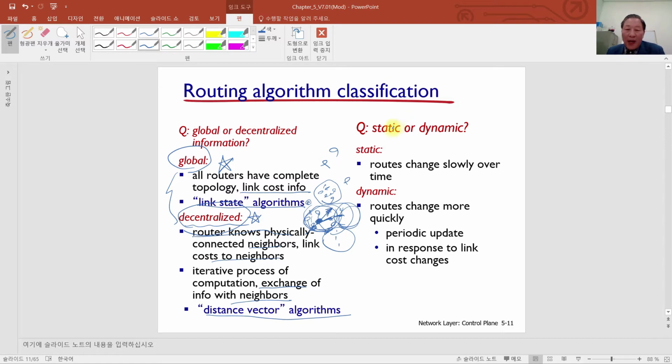Also, we can classify from another viewpoint, whether routes change slowly or dynamically and quickly.